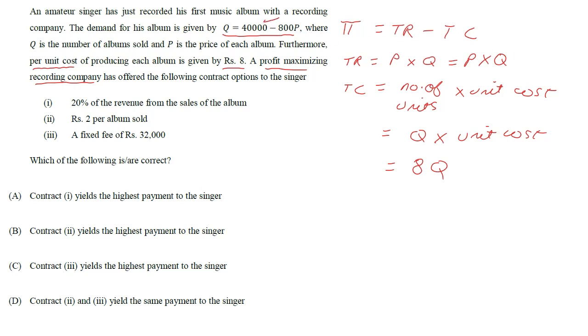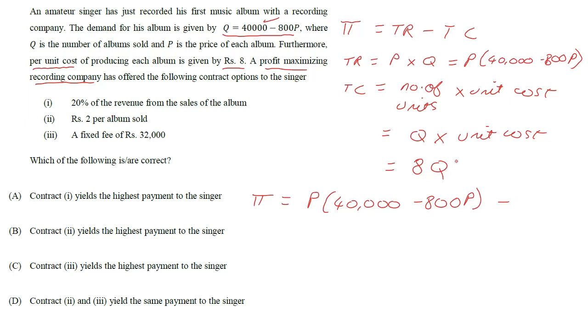So instead of writing price into quantity, I'm going to open the bracket and write down the value of quantity, which is 40,000 minus 800p. Now I can further say that profit is equal to total revenue, which is p into (40,000 minus 800p), minus 8Q.